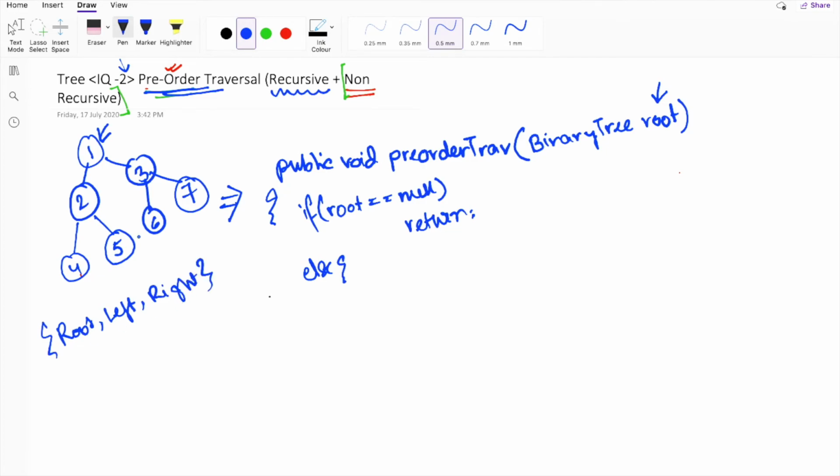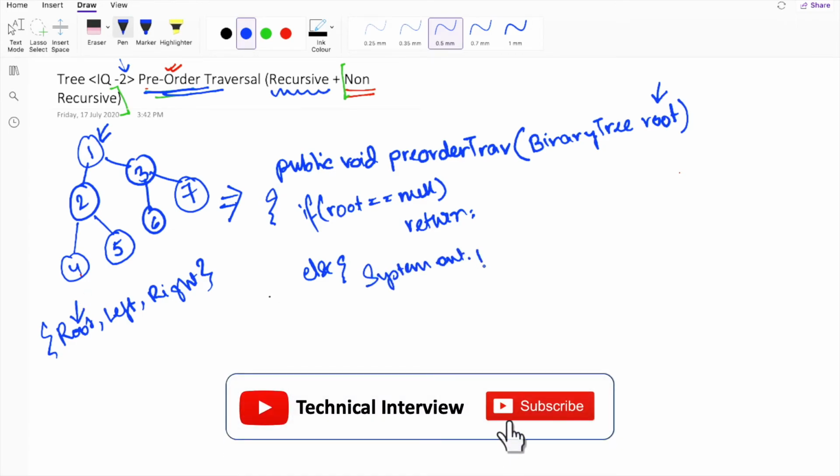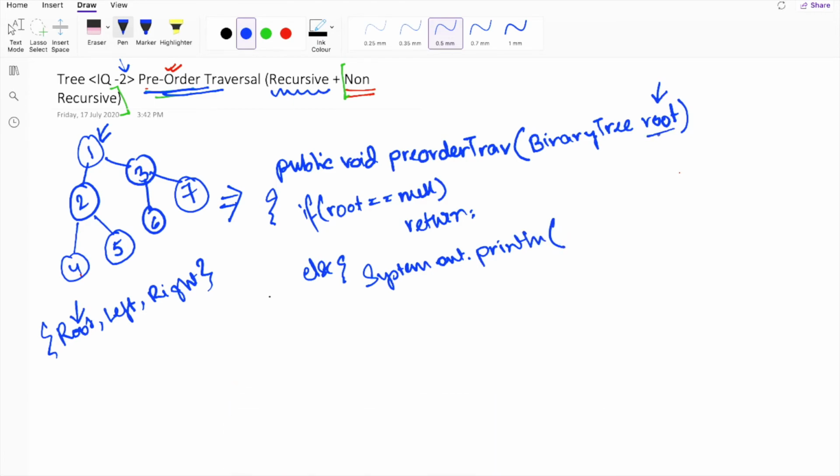So the first thing that we will do, we will print the root element over here. So we will print the data part, that is the content of the root node, that is root dot data. So actually here we are printing 1 over here.